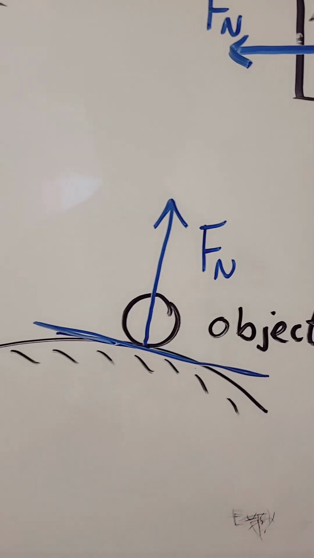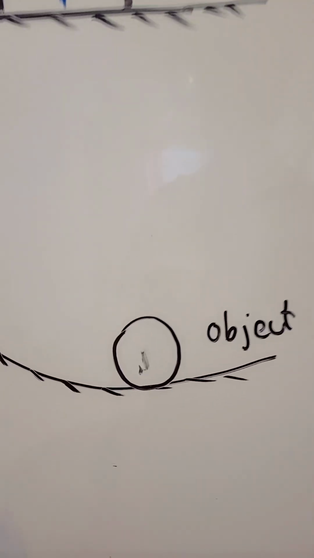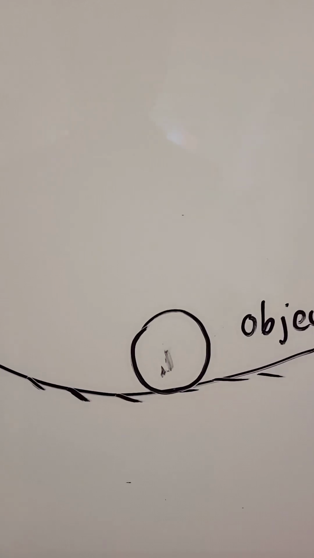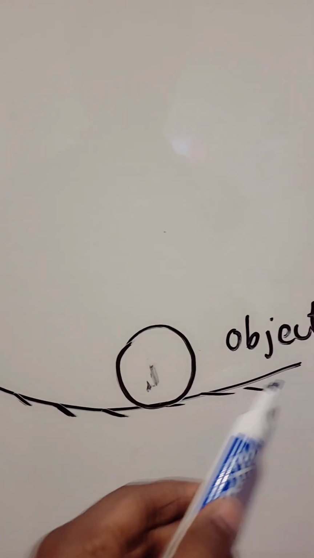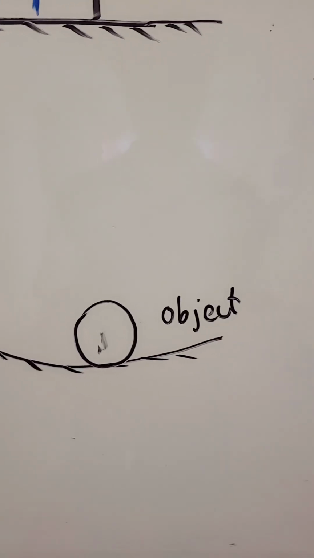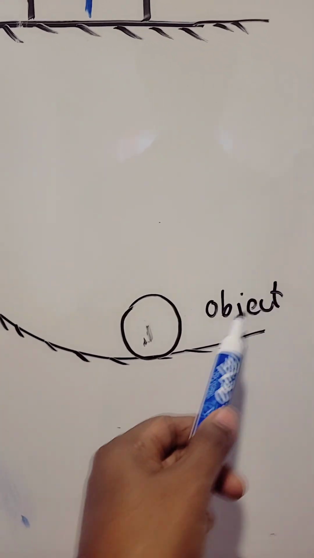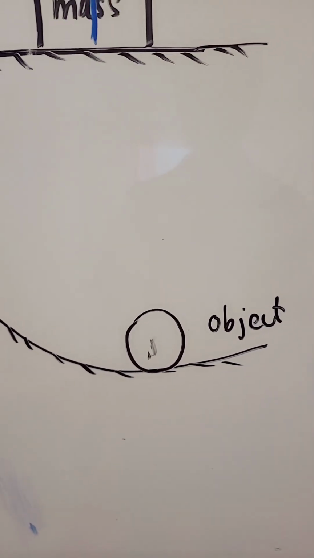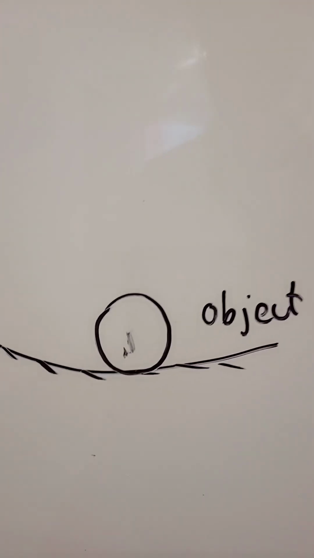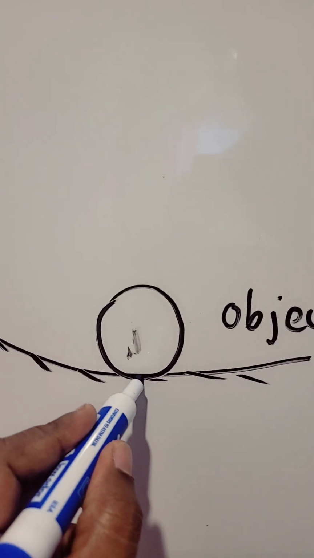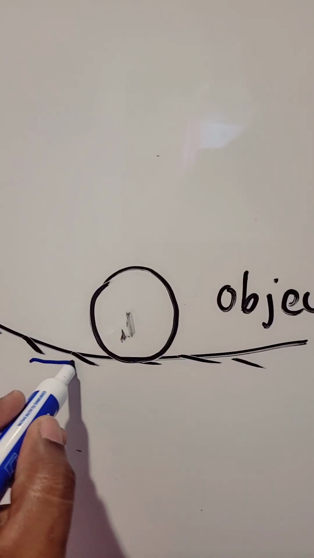Then the next example is this one. You have a concave surface, and the object, let's say, is rolling along this concave surface. How do you draw the normal force in this example? Again, draw a tangent line at that contact point.